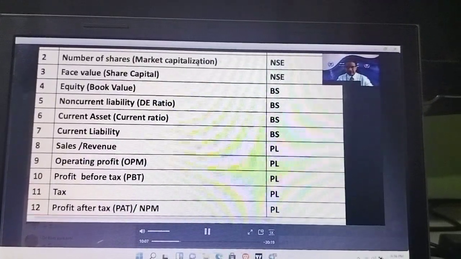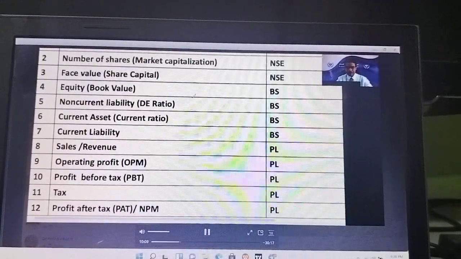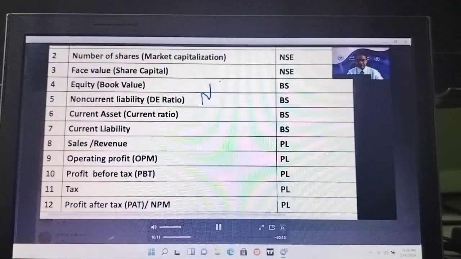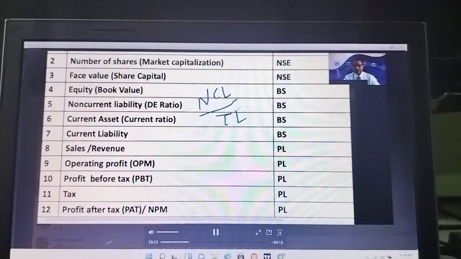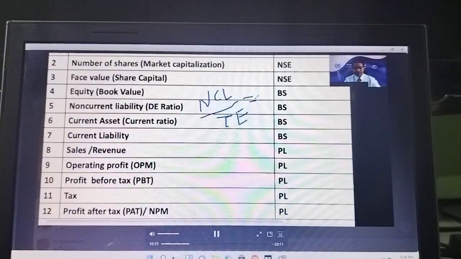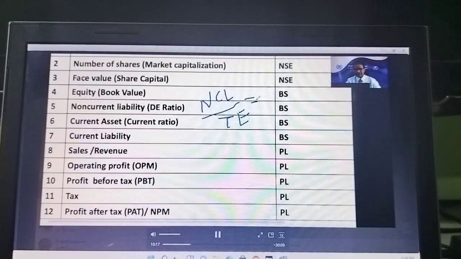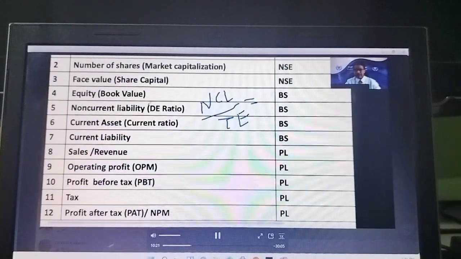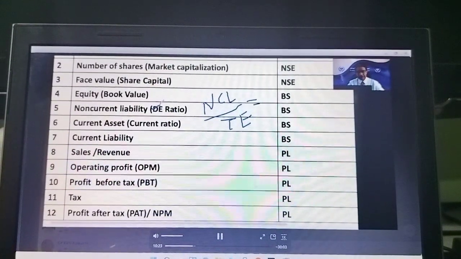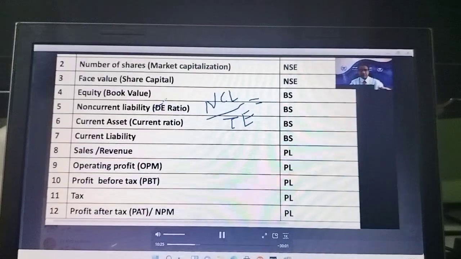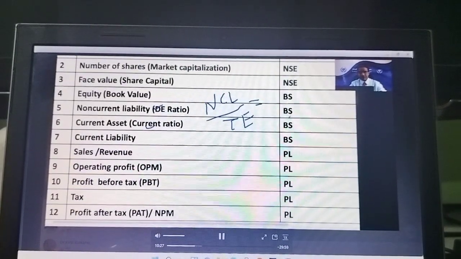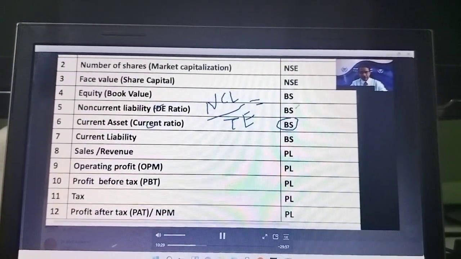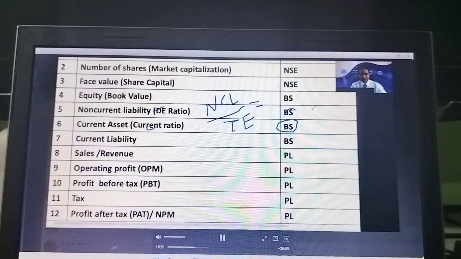In books that might be different, but at WealthCon, we take non-current liability divided by total equity. We say the debt equity ratio should usually be less than 0.3. If it is more than 1, it is a danger sign because your liability is more than the equity. The current ratio and quick ratio can also be found from the balance sheet.